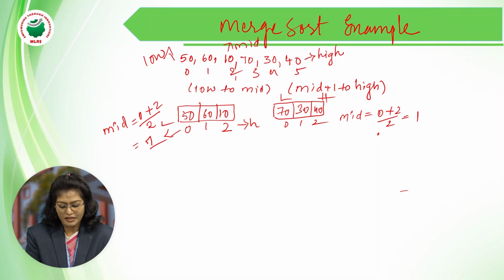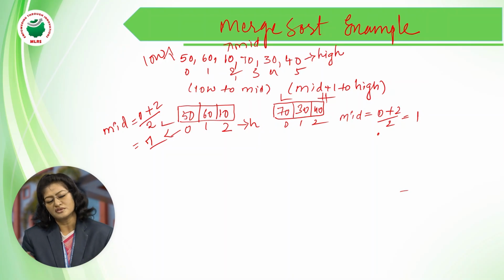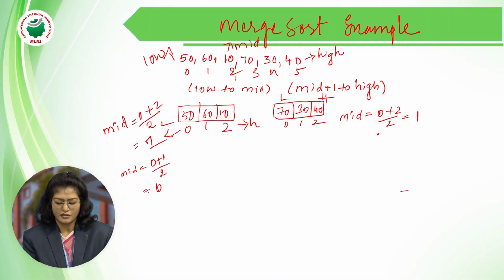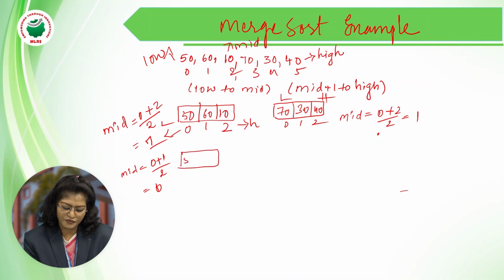All right. Again, now you have to consider the next sub-problems. So now again, we need to consider 0, 1, 2. And again, now mid equals 0 plus 1 by 2, that equals 0. So you are going to take it as 50, 60, and this is 10.